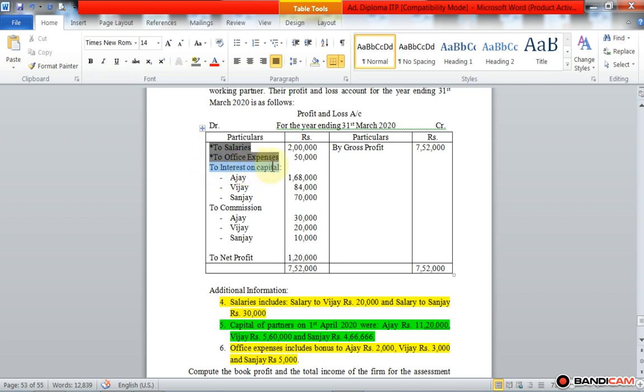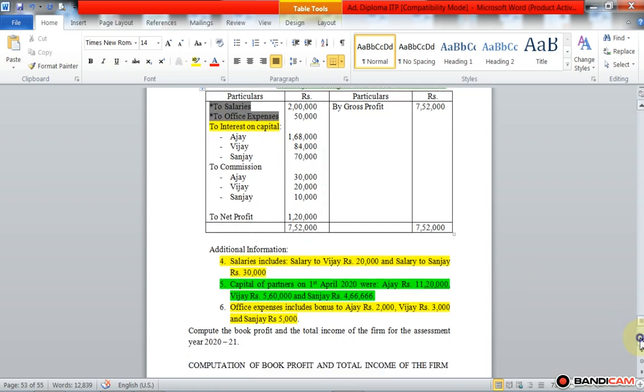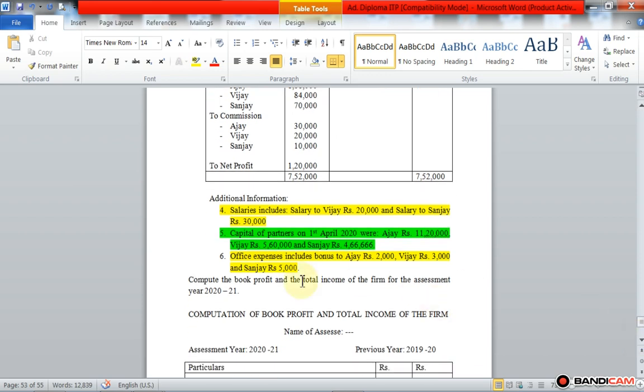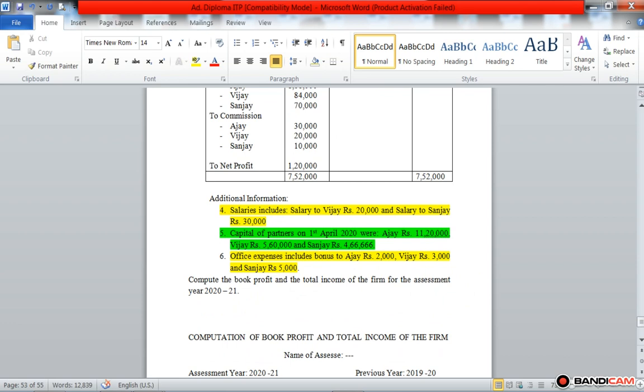Then interest on capital. Interest on capital amounted to rupees 1 lakh 68,000 for Ajay, Vijay 84,000, Sanjay 70,000. So here we make a working note to find out the percentage of interest on capital charged.